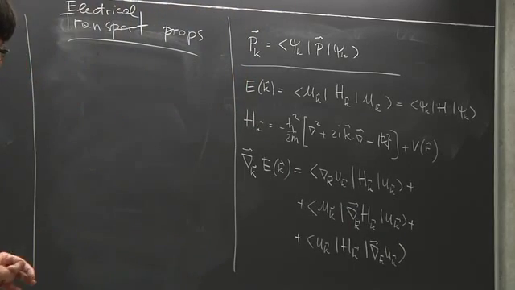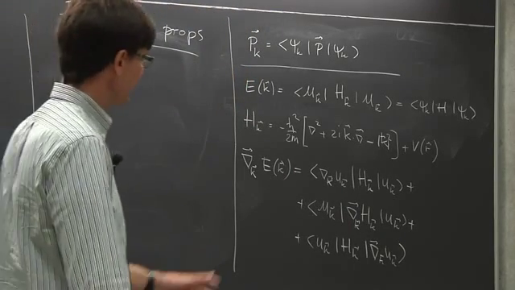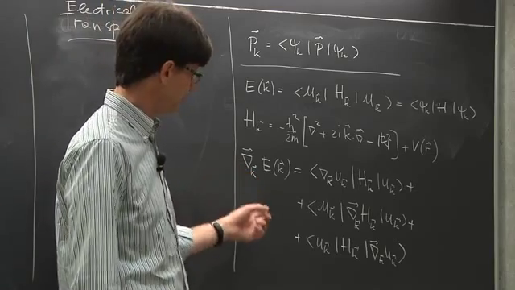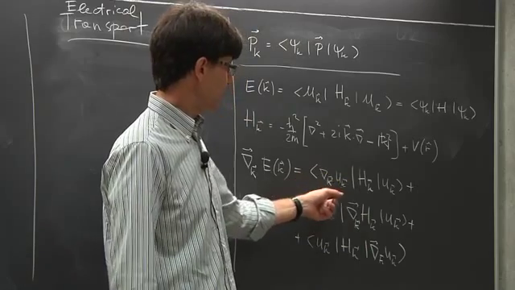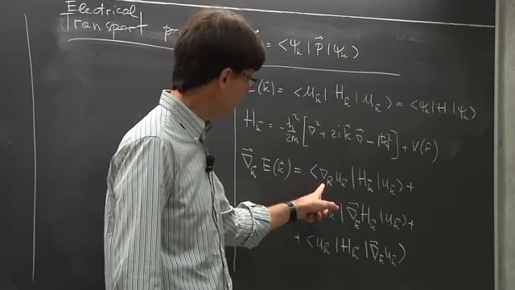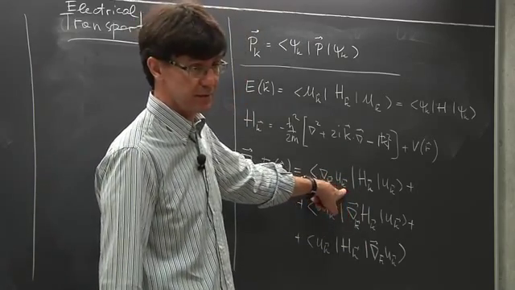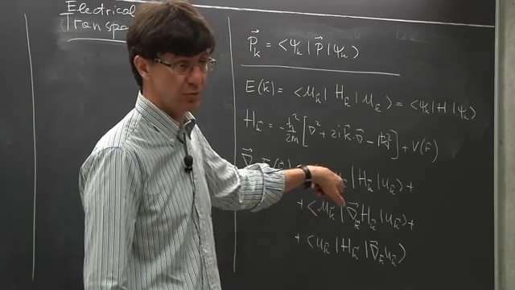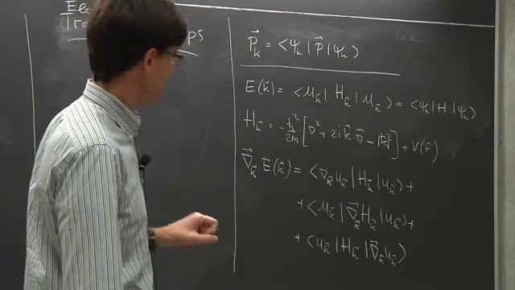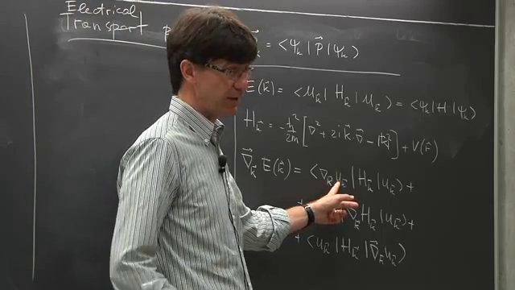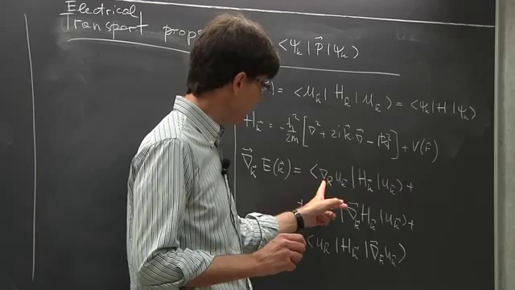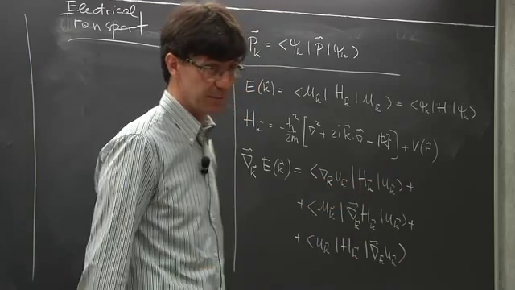And once again, let me remark that I'm talking about derivatives with respect to k. So this object here, for example, is not a momentum, because it's a derivative with respect to the parameter, not with respect to the position. This is the wave function which is periodic in the position. I'm not talking about derivatives with respect to the position. I'm talking about derivative with respect to the parameter.